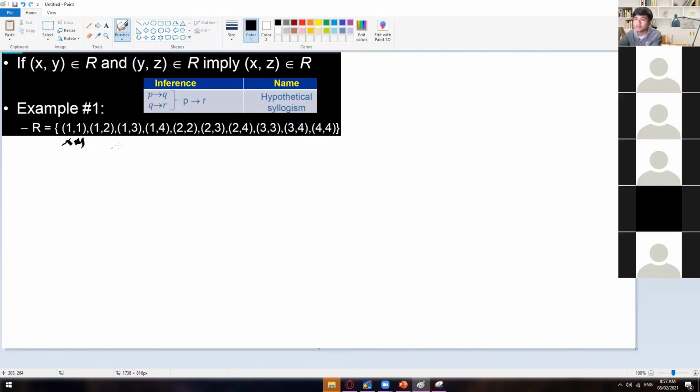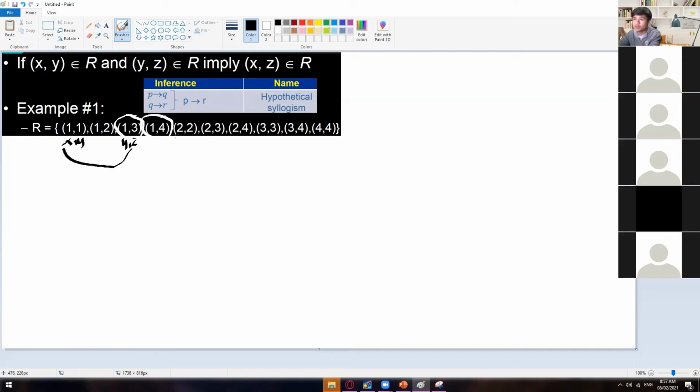Again, you should have this x, z, which is 1, 3, which can also be found as an ordered pair, 1, 3. So this one is also good as a transitive relation. What else? This 1, 1 and 1, 4. We should have 1 and then 4, which can also be found as the ordered pair 1, 4. So we are good up to this point also. Let's check the others.